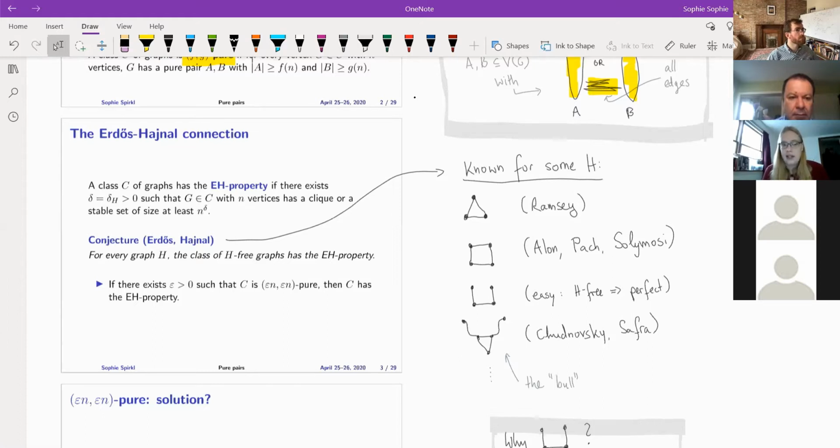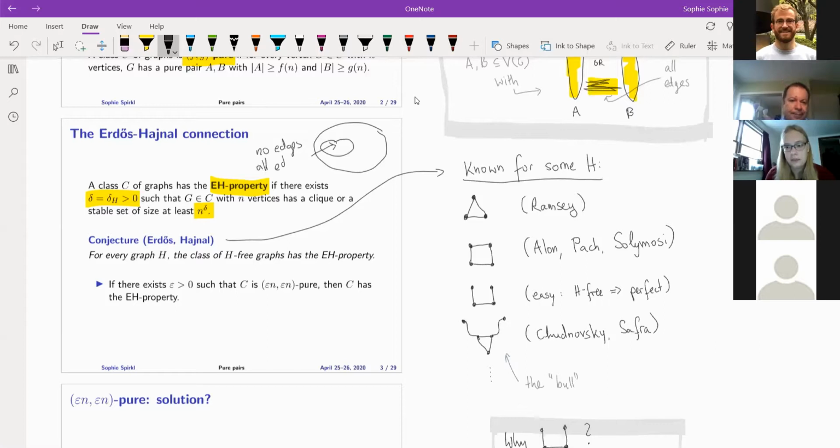So we're going to say that a class of graphs has the Erdős–Hajnal property if there's a positive constant delta and every graph in my class has a clique or stable set of size at least n to the delta, which means I can find a fractional polynomial size subset of the graph, and here I either have no edges or all edges.